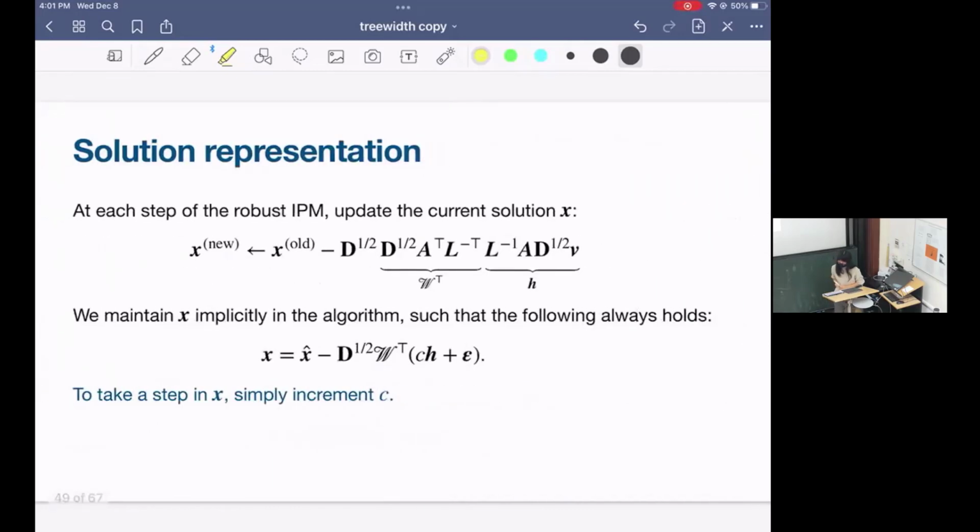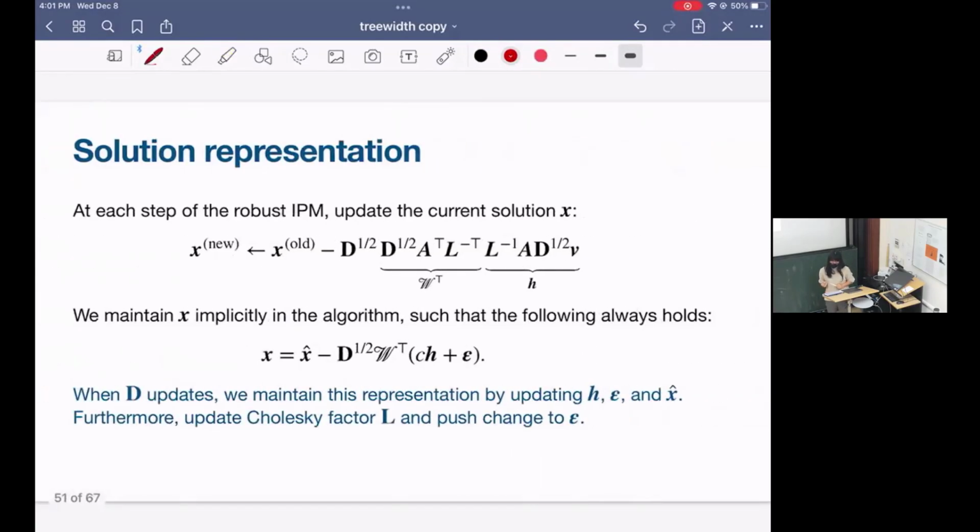And to take a step in x, which means adding this to what you currently have, we just need to increment c. Sorry, c is also some real number that we're maintaining in the algorithm. And when v updates, then we need to change the representation by changing h and epsilon.